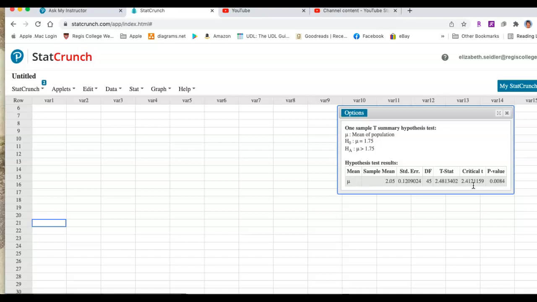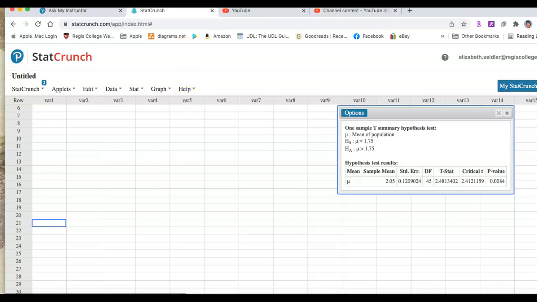I can also tell this from my p-value, 0.0084, which is less than my significance level of 0.01.